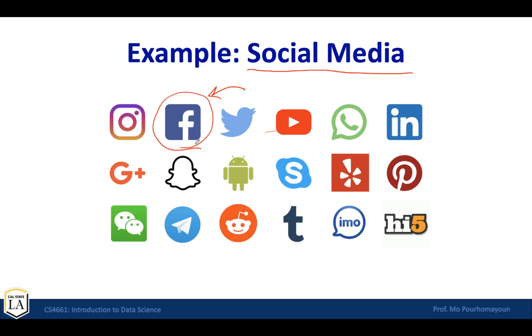It can figure out what items you might be interested in, and then show you some advertisements for those items.